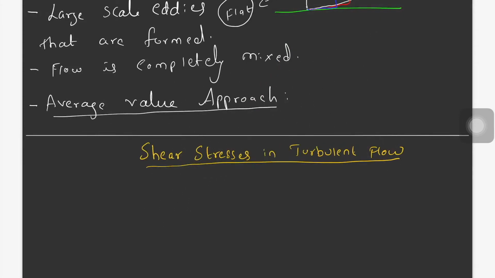see, as I told you, there is a large amount of velocity fluctuation in a turbulent flow. Because of these velocity fluctuations, there is a complete mixture of fluid. Say you take a particular pipe, these are the layers of fluid inside the pipe.